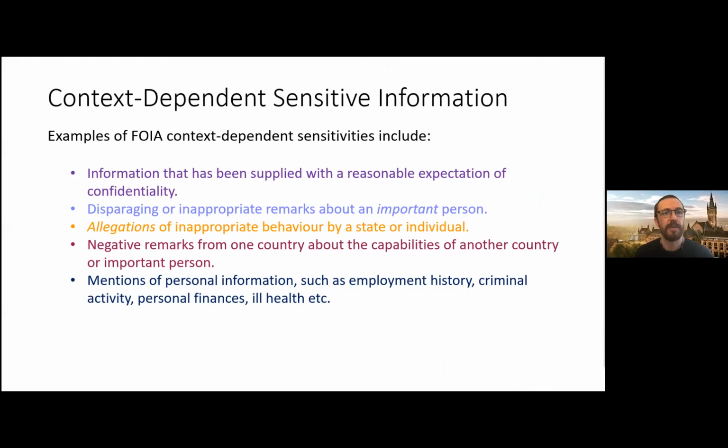Well, information which has been supplied with a reasonable expectation of confidentiality. So for instance, you've got embassies all around the world, say one of these embassies is in a war zone or in a dictatorship that's oppressing its citizens, and someone comes to a diplomat at the embassy, telling the embassy what's going on and providing an account of the bad things that are happening in that country.